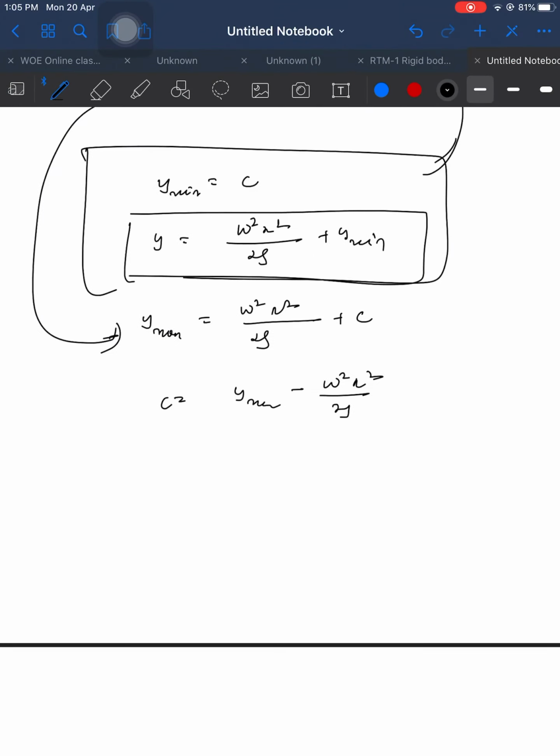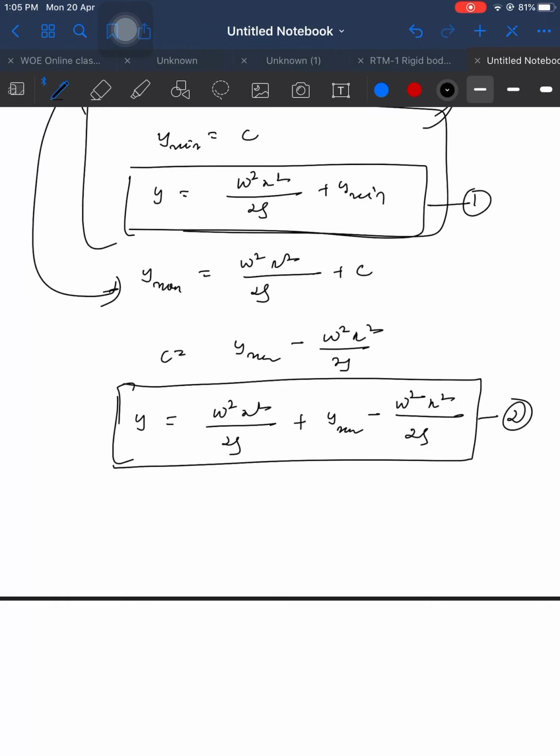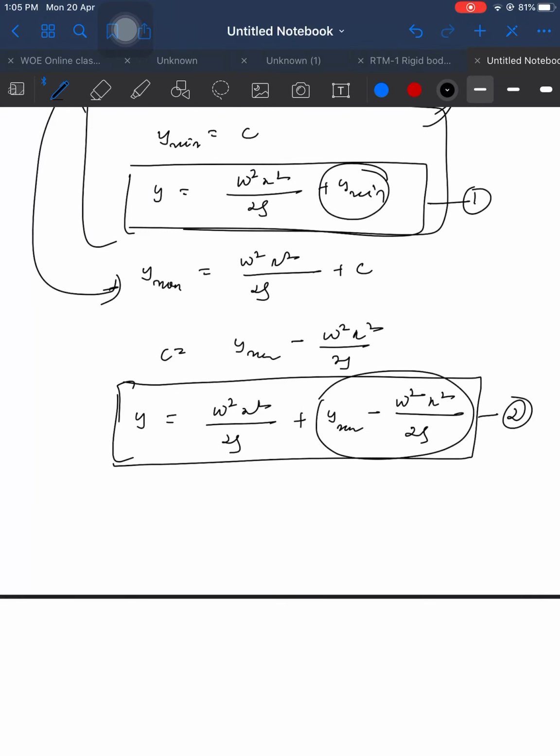So C is equal to, we got the value, y is equal to omega square x square by 2g plus C. C is equal to y max minus omega square r square by 2g. Say equation 2 and equation 1. If you see, we can equate these two parts. Y minimum, C in both cases is equal, no?